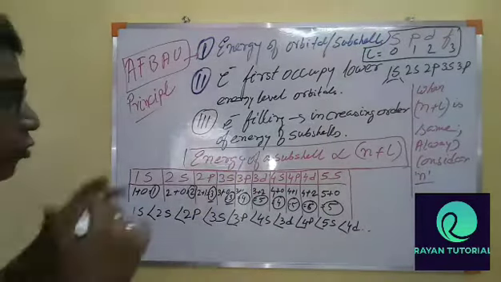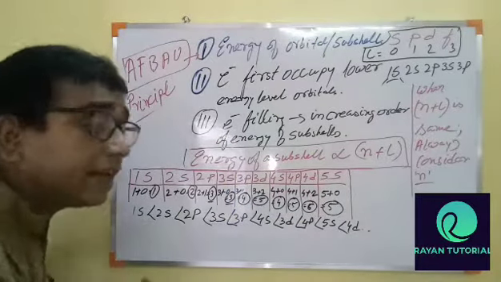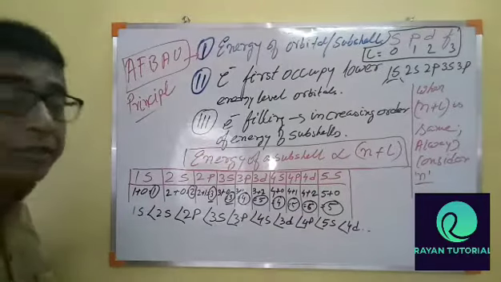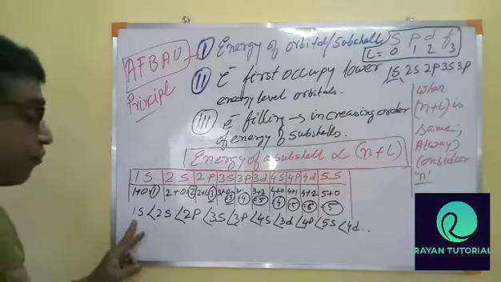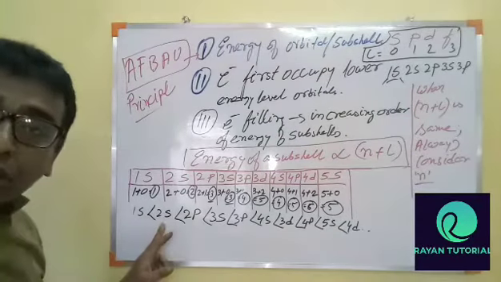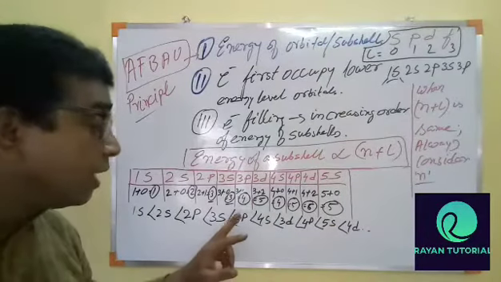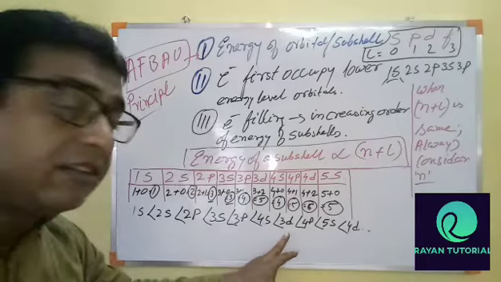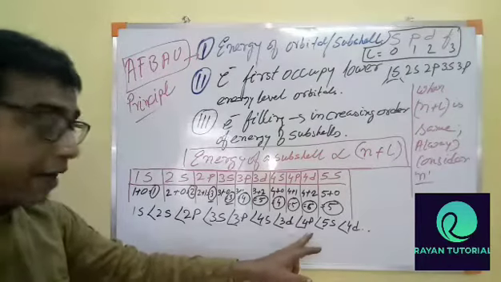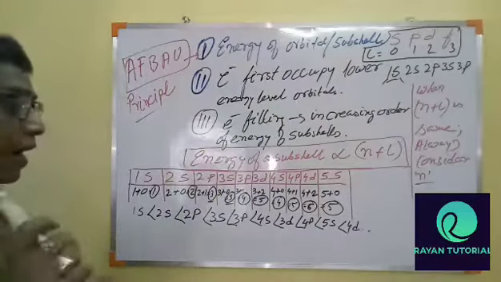Clear? So how do electrons fill in the increasing order of energy of subshells? First electrons will fill 1s, then 2s orbital, then 2p orbital, then 3s orbital, then 3p orbital, then 4s orbital, then 3d orbital, then 4p orbital, then 5s, then 4d, and so on. Understood?